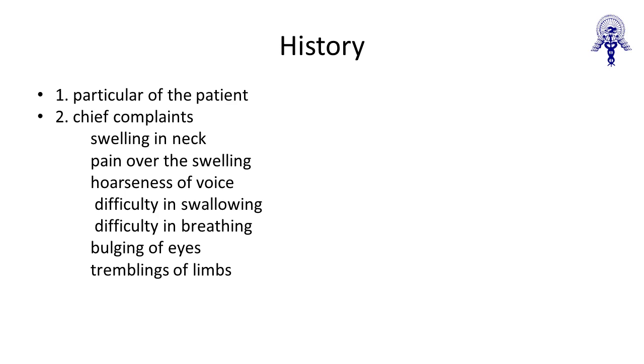There are so many examination parts, but history will suggest which part should be examined carefully. That we can gain from taking the history. And apart from this, the most important thing, in my opinion, is that history builds a relationship with the patients, and this is the most important thing, on which all the treatment depends.